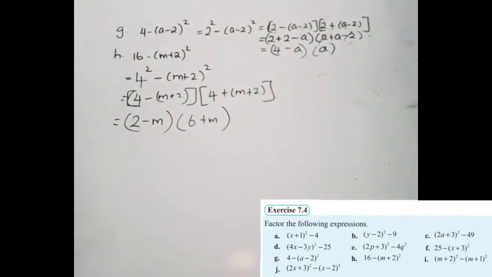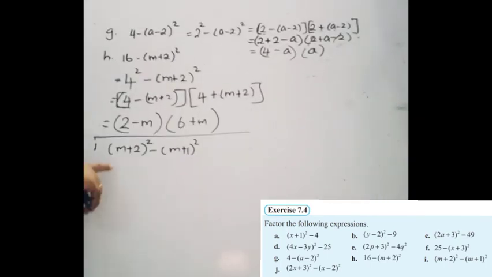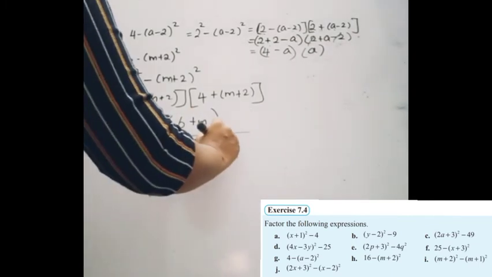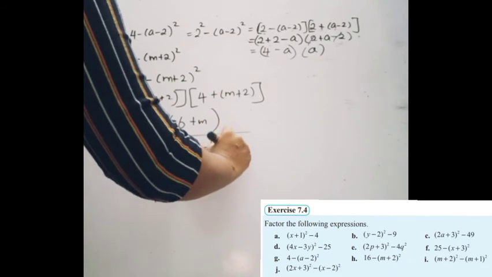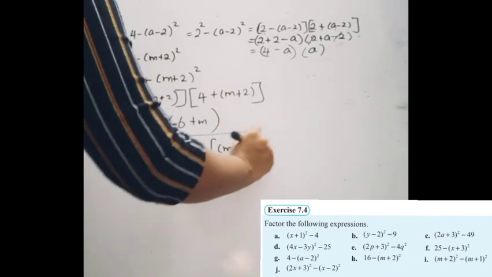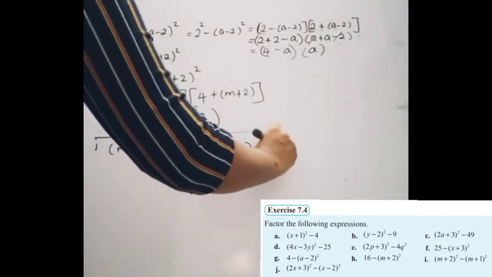Okay. Now the next question is, once again there are two expressions written as difference of square values. So let's use the format. Let's write it as a difference first. So m plus 2 minus m plus 1.